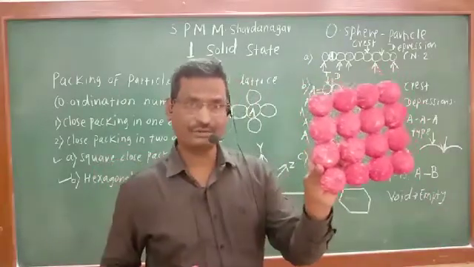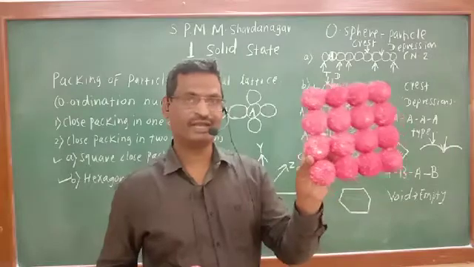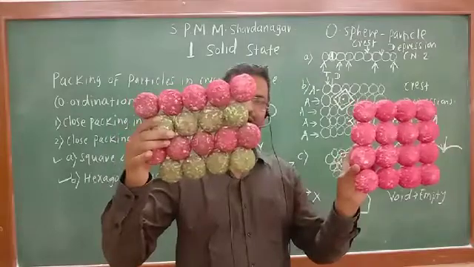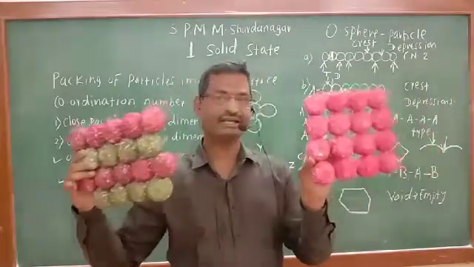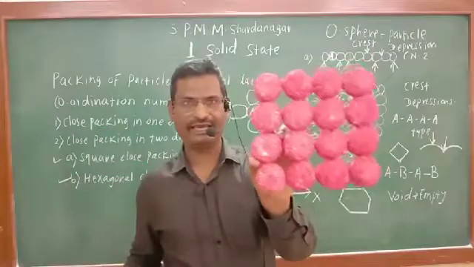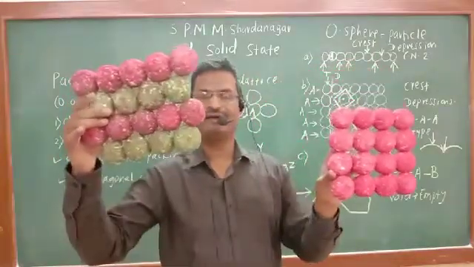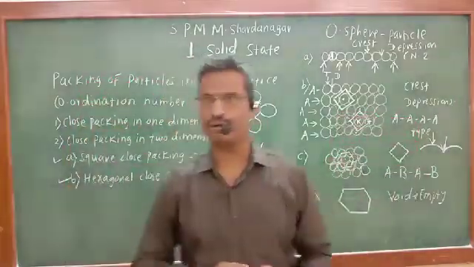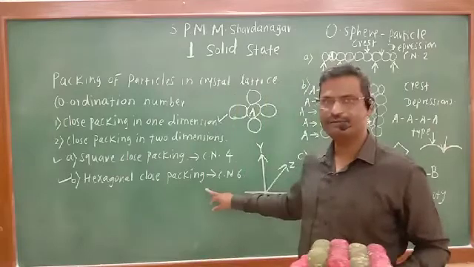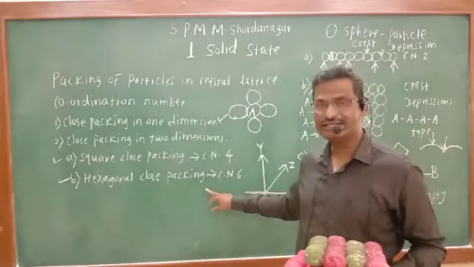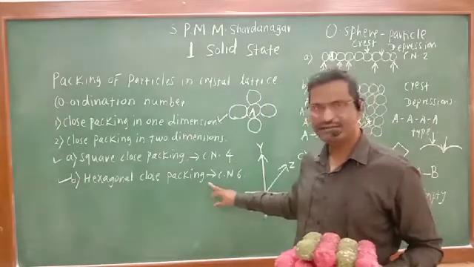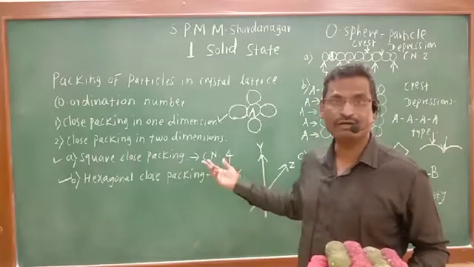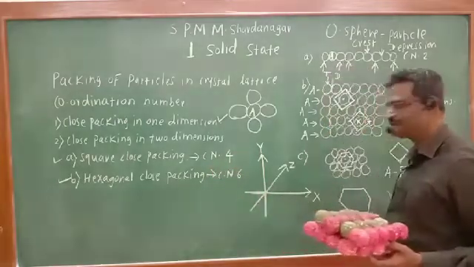So, which one has the bigger void space? Is the bigger void space present in A type arrangement or in the AB arrangement? It is more in A type of arrangement, and empty space is less in the AB type of arrangement. Therefore, in hexagonal close packing, triangular empty space is less empty space, more coordination number, more crowding, means less void space.